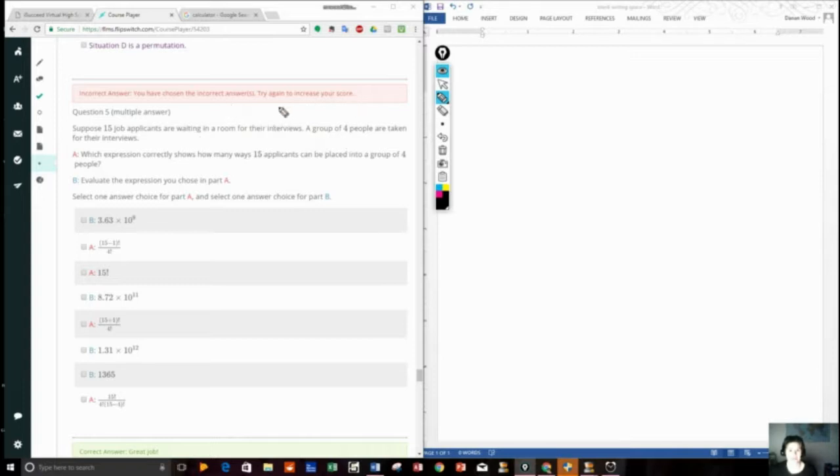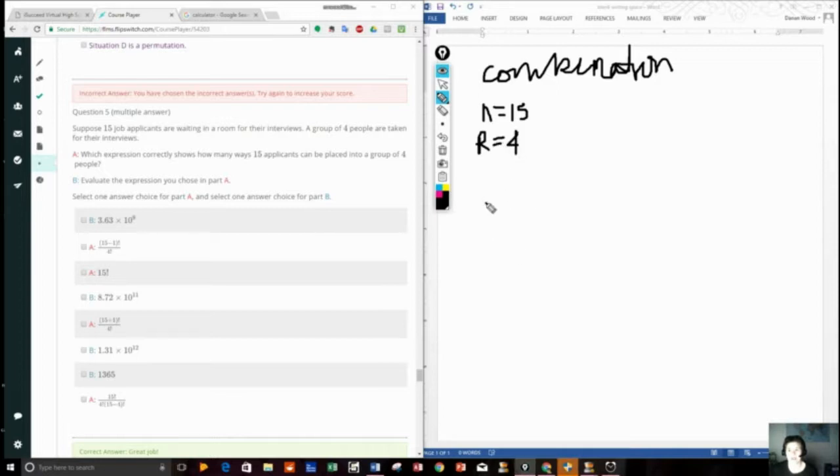So in this case, they're lumping them into groups. And it is a combination because it doesn't matter if you were chosen first or chosen last in that group, you still ended in that group. So it's a combination, and we have 15 people, and we are going to take 4 of them at a time.